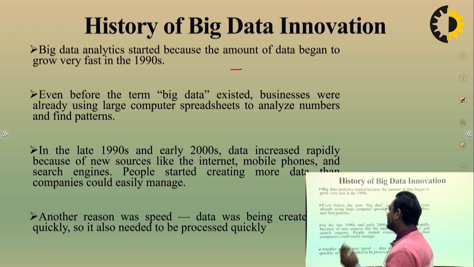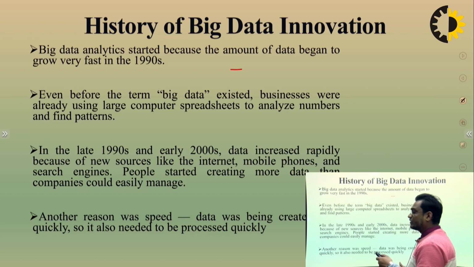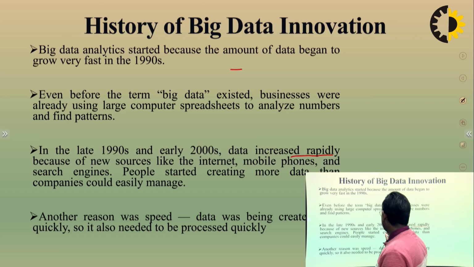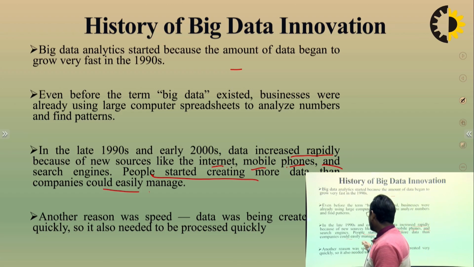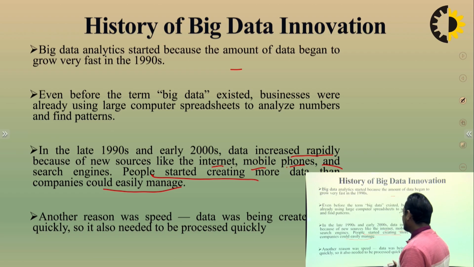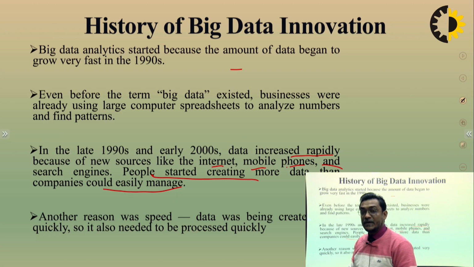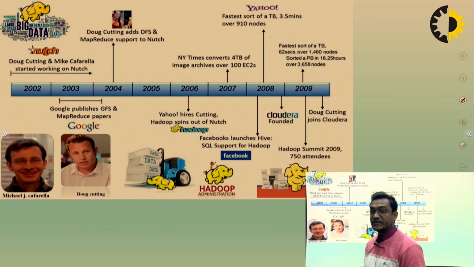In the late 90s and early 2000s, data increased rapidly because of new sources like the internet, mobile phones and search engines. People started creating more data than companies could easily manage. Another reason was speed. Data was being created very quickly, so it also needed to be processed quickly. It's very important.